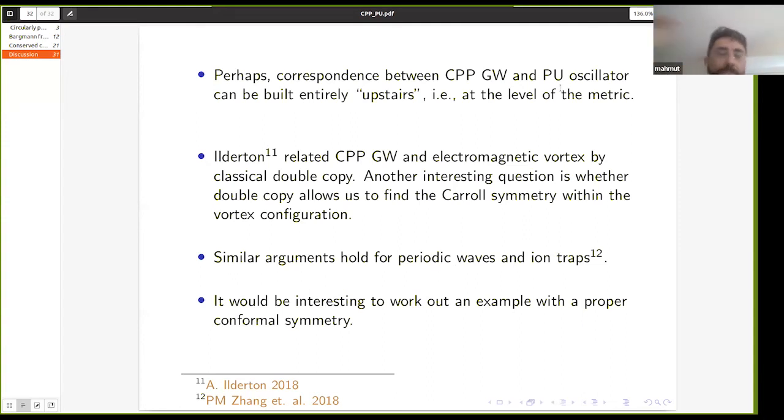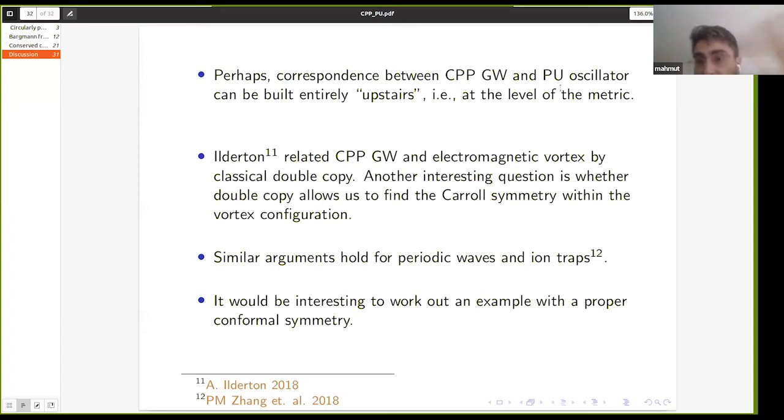They ended up with somewhat more complicated profiles. But perhaps it is possible to do all these coordinate transformations at the metric level, and this may give some important idea for how to lift these higher derivative theories.